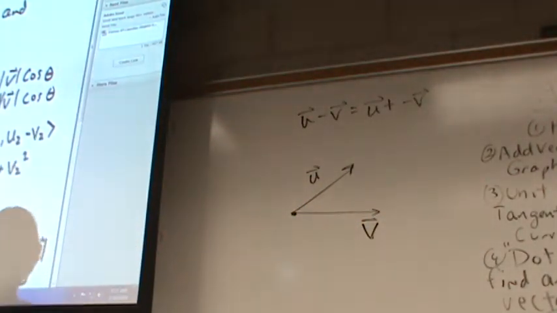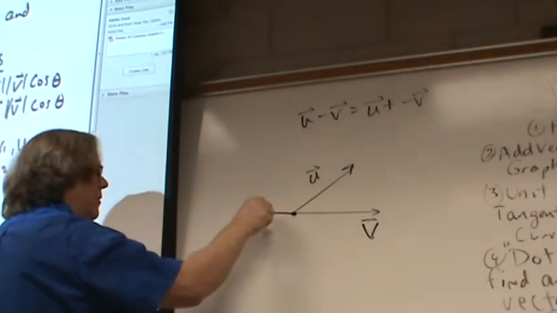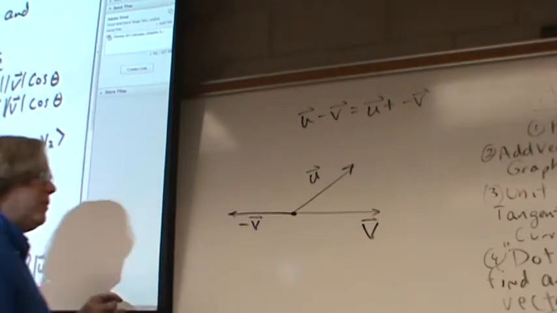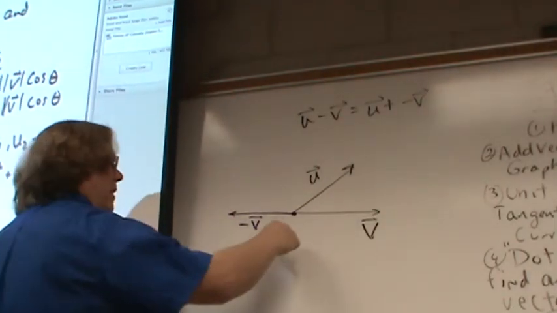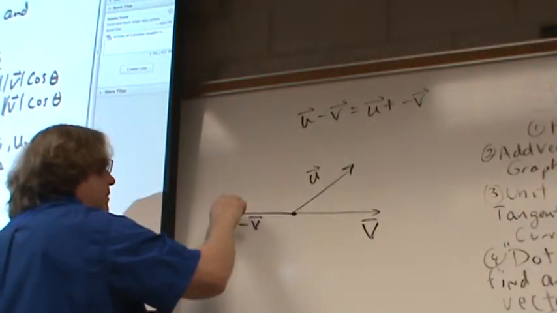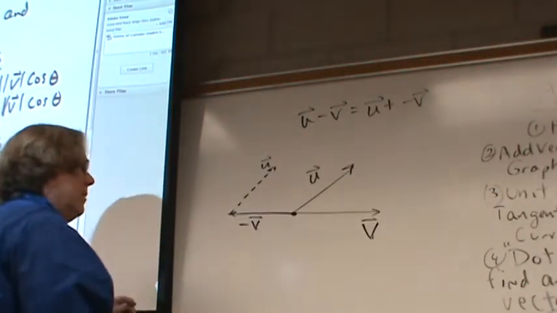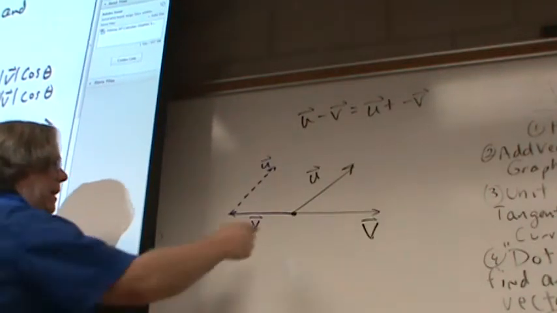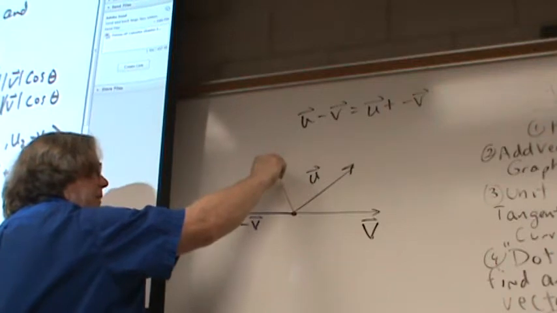So what I'm going to do is first get the opposite of vector v, which would be the very same length, but pointing in the negative direction. That's negative v. And then I'm going to take this guy here and put it there. So this is my u. And then it turns out that u plus negative v ends up being this vector here.